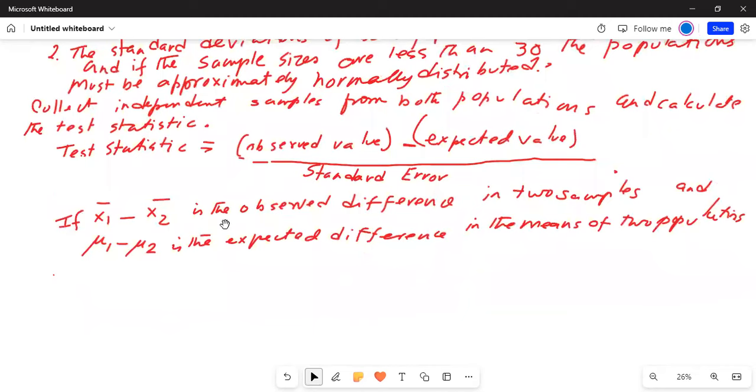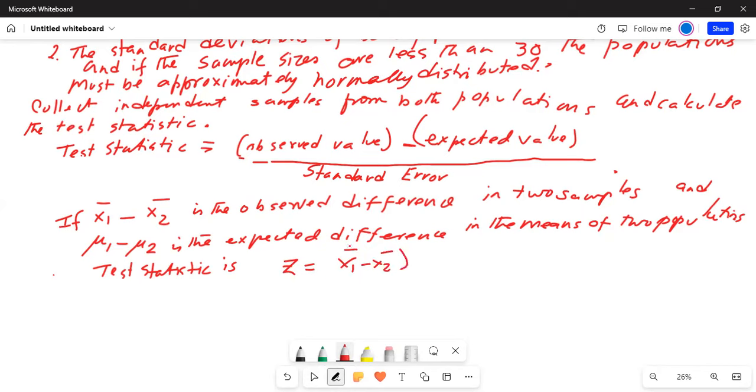Then our test statistic is z, which is equal to x1 bar minus x2 bar minus the expected value, the difference in the two population means.